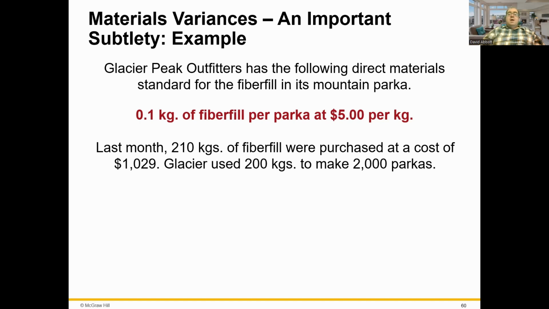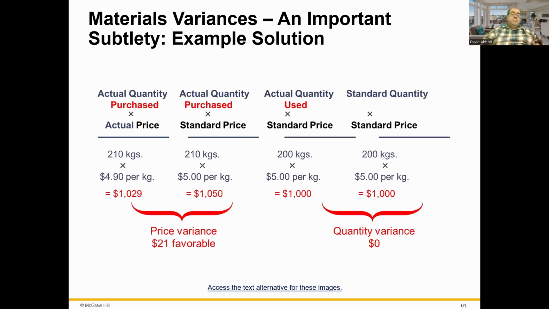So Glacier Peak Outfitters has the following direct material standard for the fiber fill in its mountain parkas: 0.1 kilograms of fiber fill per parka at $5 per kilogram. Last month, 210 kilograms of fiber fill were purchased at a cost of $1,029. Glacier used 200 kilograms to make 2,000 parkas.